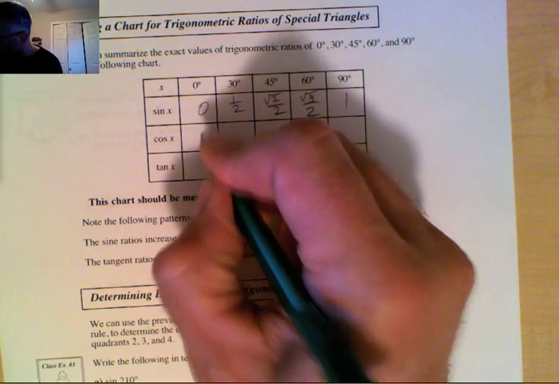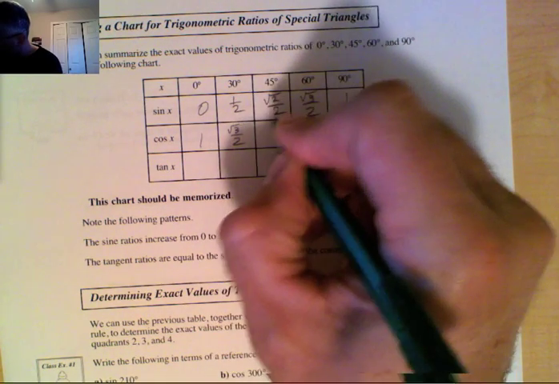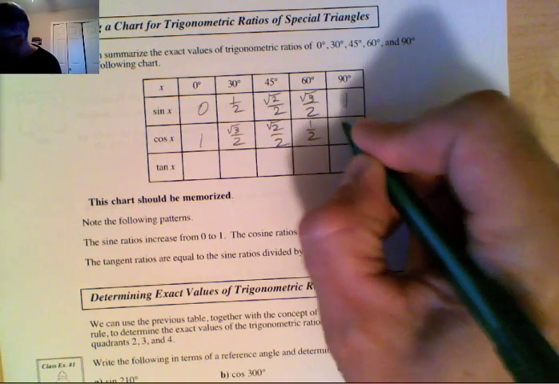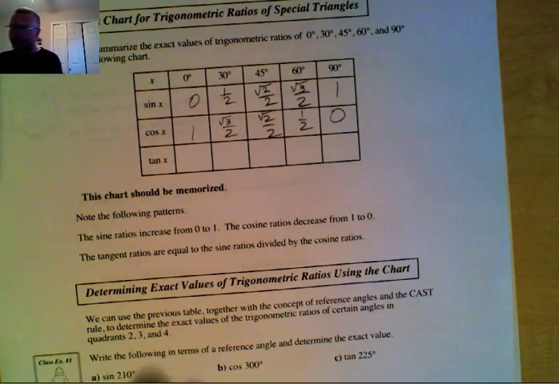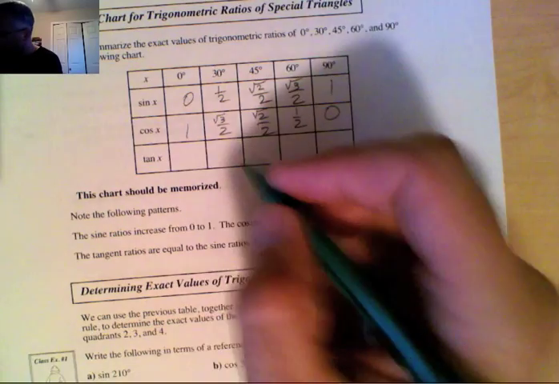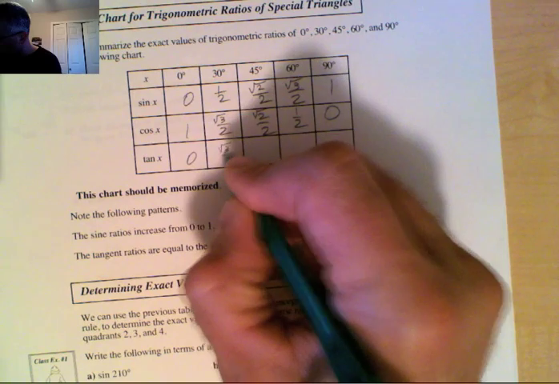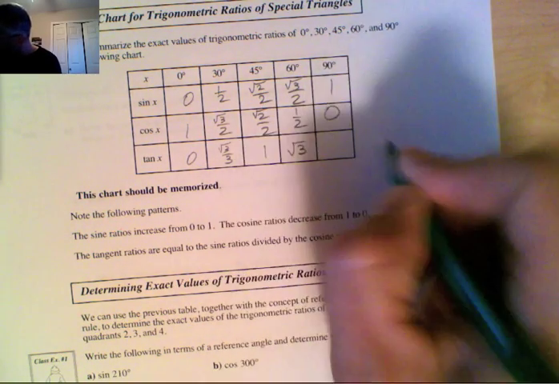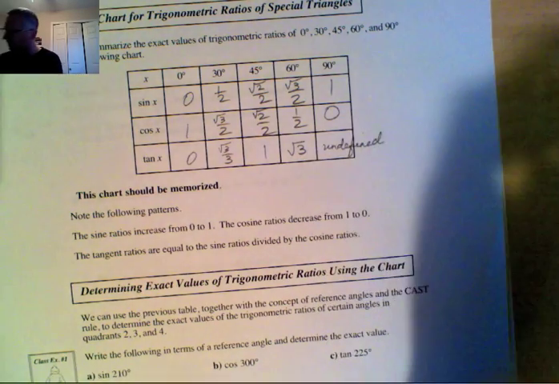Cosine of 0 is 1, and then cosine is root 3 over 2, root 2 over 2, a half, and 0. So I'm just copying these values from the charts on our previous page. That's all I'm doing. I'm consolidating that information. If we do tangent, tan of 0 is 0, tan of 30 is root 3 over 3, tan of 45 is 1, 60 is root 3, and it is undefined at 90 degrees.